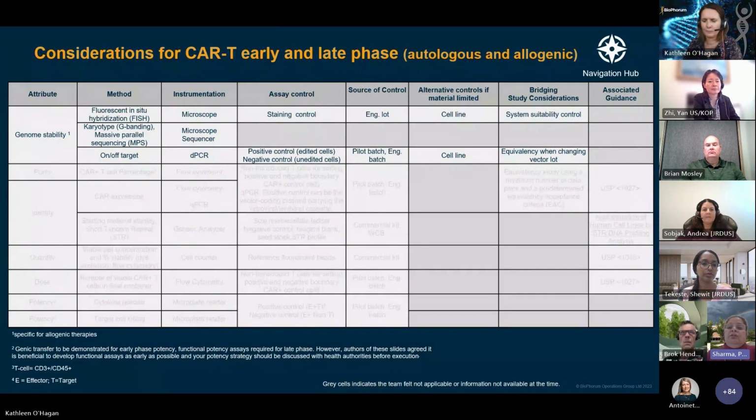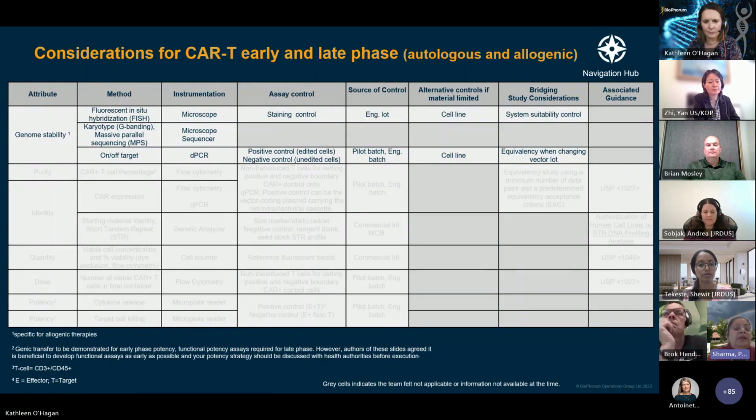So taking the example of genome stability. Genome stability is important because among the considerations for profiling these cells, we have to ensure that the manufacturing process or the cell culture or purification strategy for these cells did not affect the genetic integrity of the cell therapy.